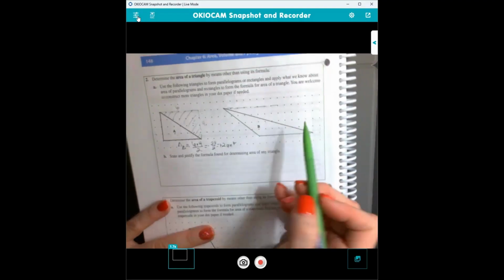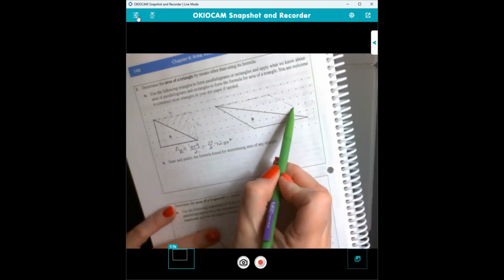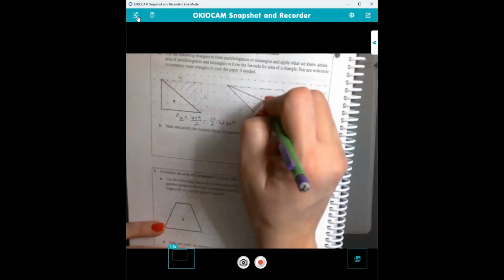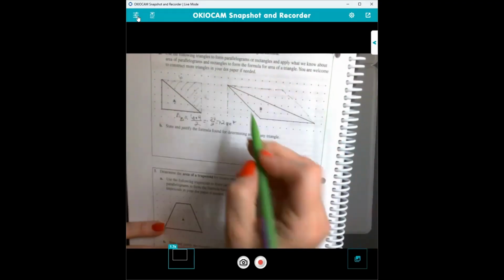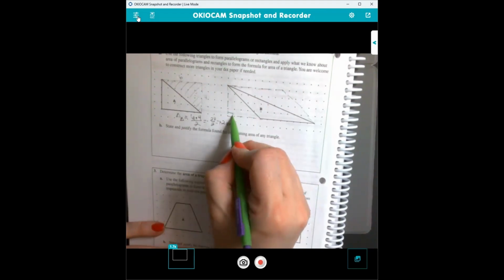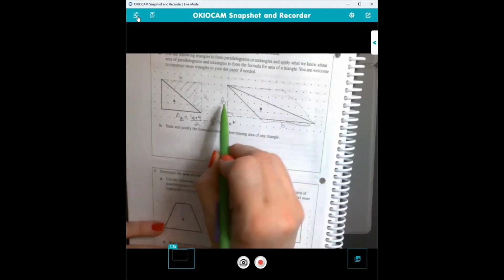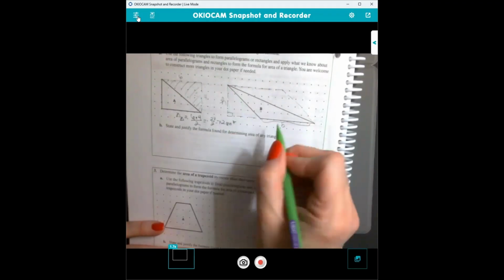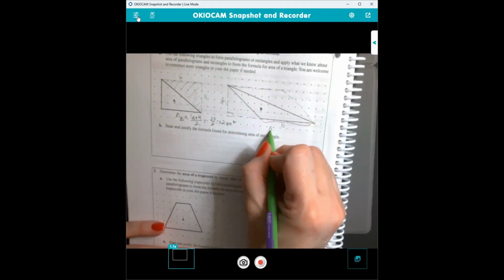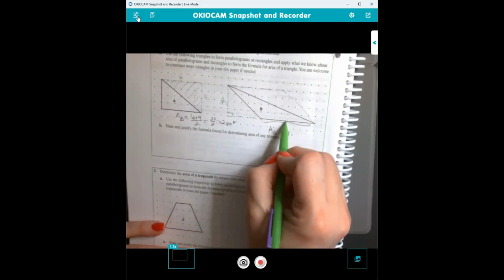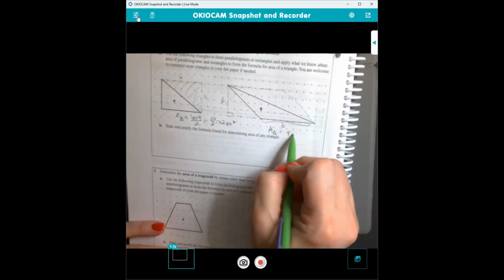And then we're going to draw right there. And if we draw again, the altitude or the height is always perpendicular to the base. So this is your height and this is your base from here to here. Okay, so the height is 1, 2, 3, 4. And then the base is 1, 2, 3, 4, 5, 6, 7, 8.